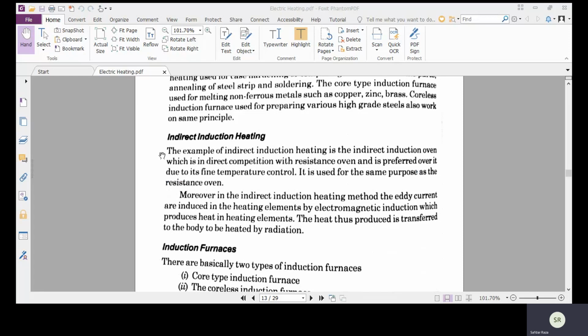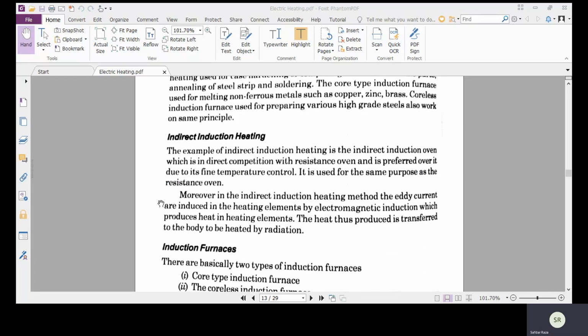So in this paragraph, we have made the comparison of indirect induction heating with indirect resistance heating, and why we prefer indirect induction heating in comparison to indirect resistance heating.